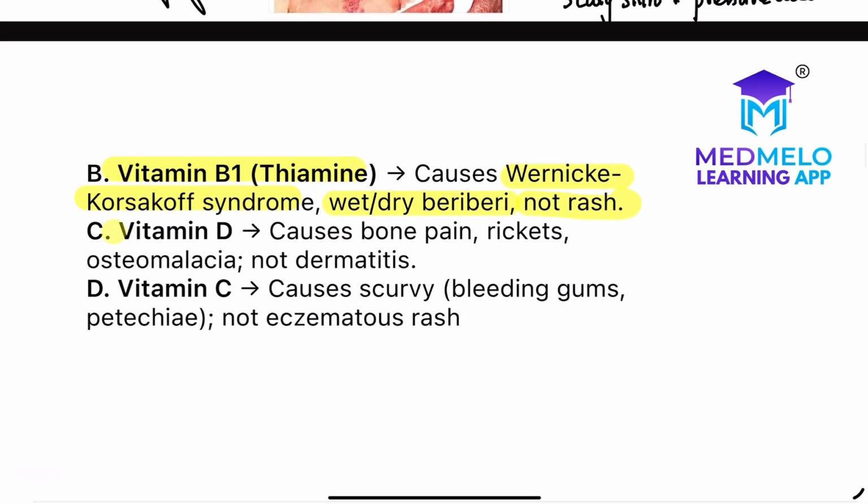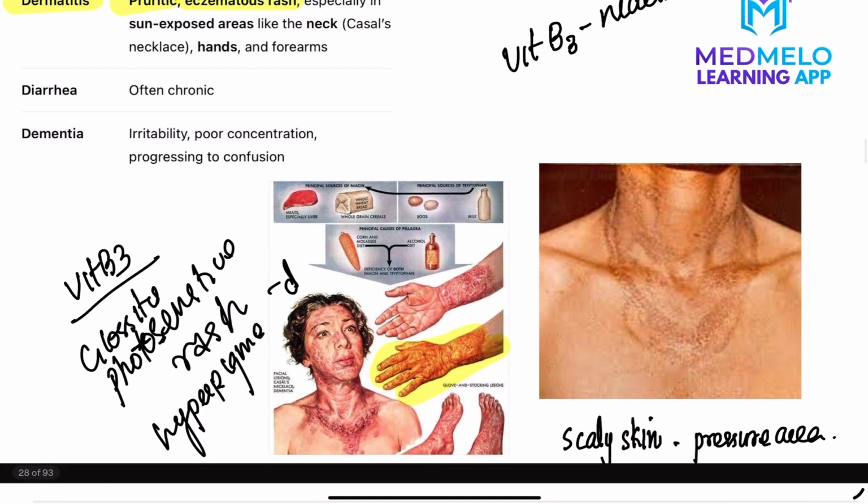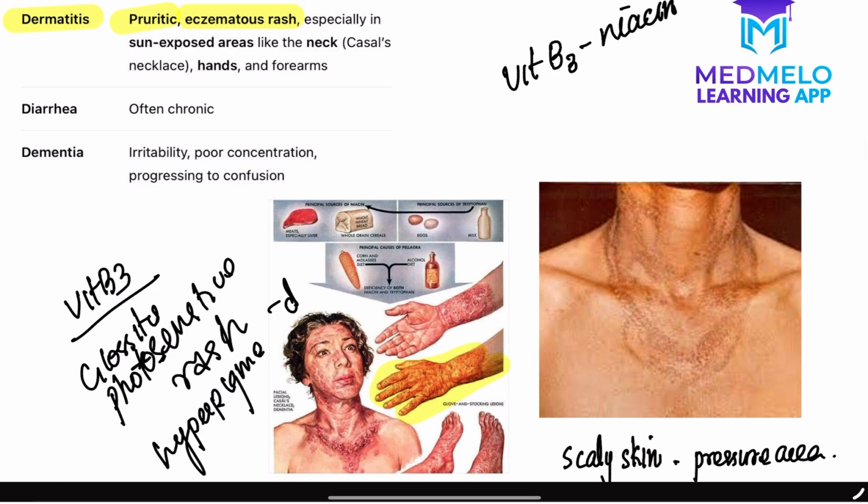The next option is vitamin D. It causes bone pain, rickets, osteomalacia, but not dermatitis. And moving on to the D option, it is vitamin C, and it causes scurvy and bleeding gums and petechiae, not the eczematous rash. The eczematous rash is seen in vitamin B3, that is niacin.